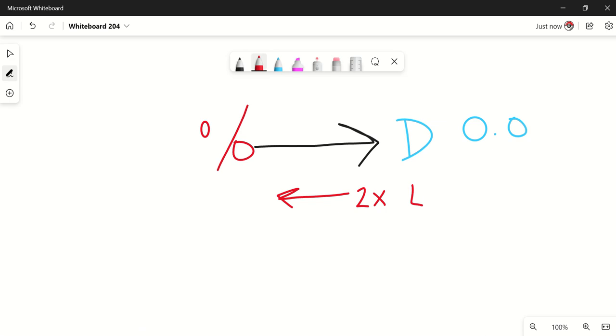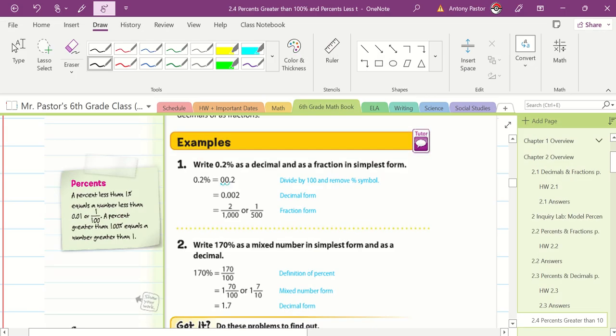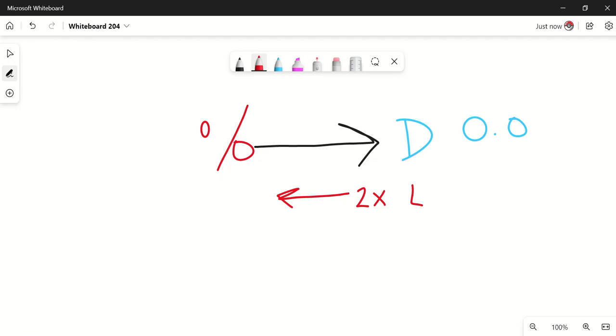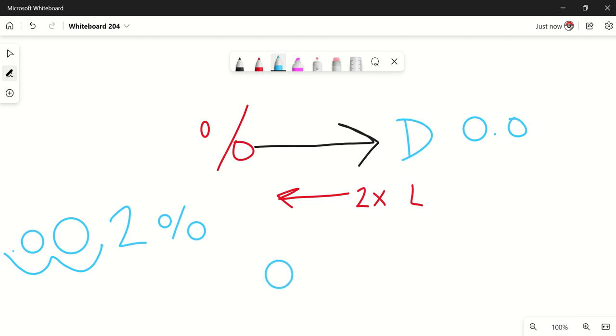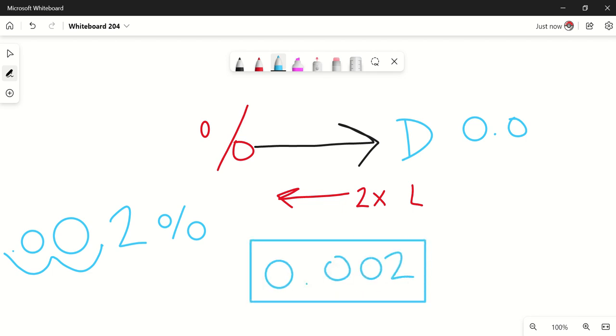I want you guys to write this out in your notes. So to change a percentage to a decimal, we need to jump the decimal point 2 times to the left. In this example, 0.2%, the decimal needs to jump twice to the left, which would make this 0.002 as a decimal.